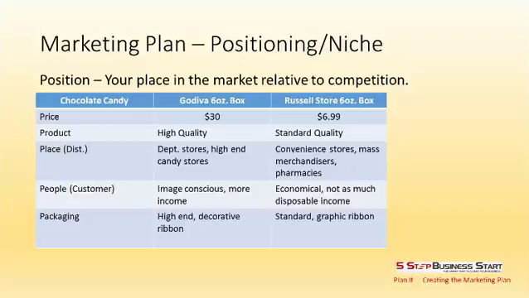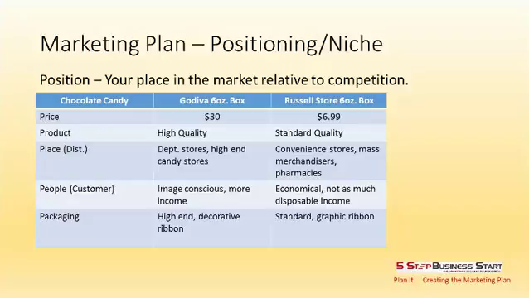And also they are positioned differently from the packaging standpoint. High-end decorative ribbons, gold packaging, high quality packaging with Godiva. Russell Stover, more of a standard, with graphics showing certain things. So both products are chocolate candy with nuts and fillings.